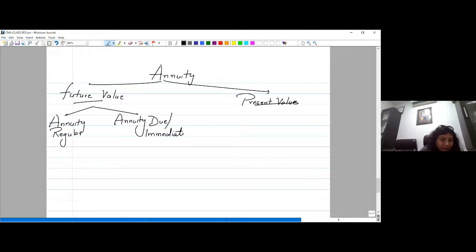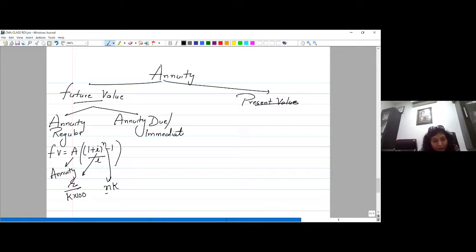In case of annuity regular, the formula of future value is A times (1 plus I) power n minus 1, upon I. Here A is your annuity installment, I is your rate of interest upon K into 100 depending upon compounding, and N is NK, the number of compounding periods into number of years. This is the formula for the future value of annuity regular.